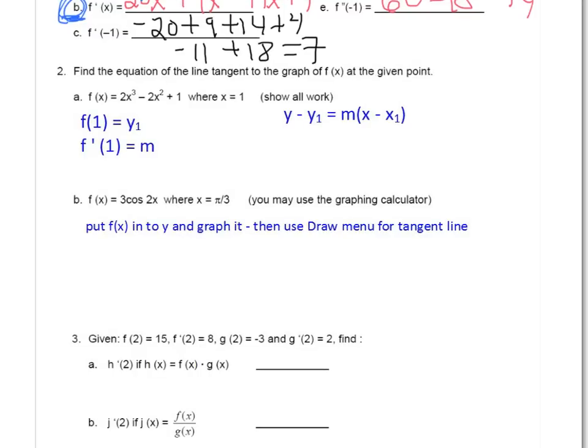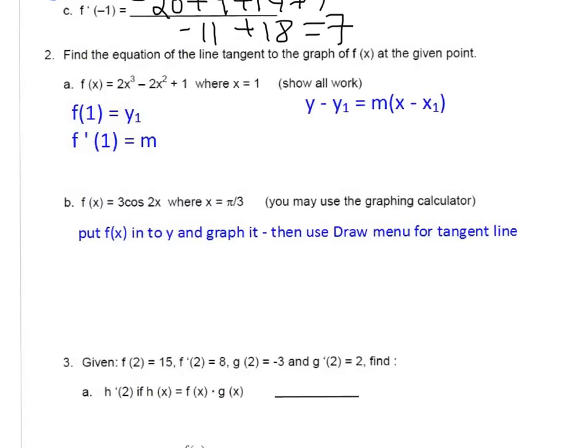Okay, so for number 2 here, I typed in some hints. So when we want the equation of the tangent line, we're going to start with point slope form, which I typed out here.